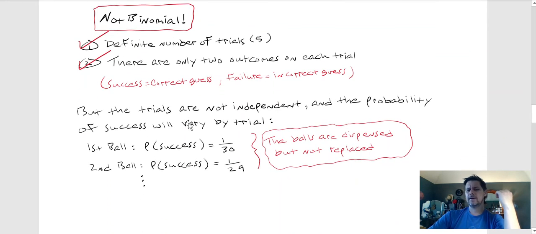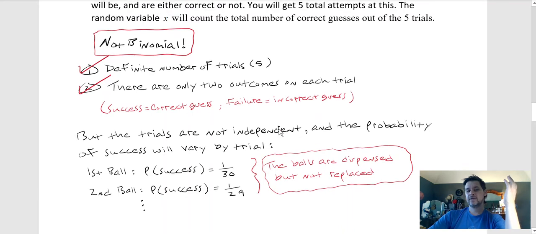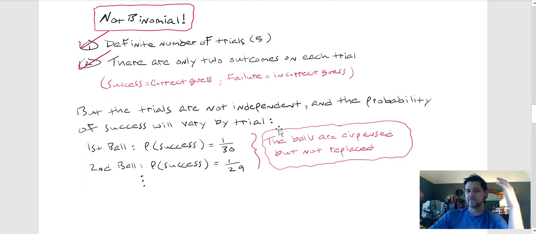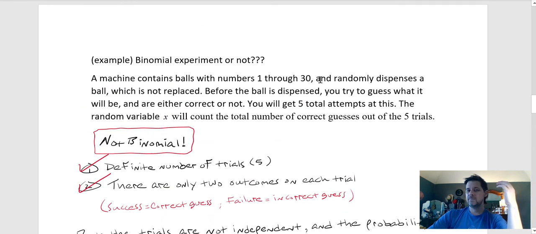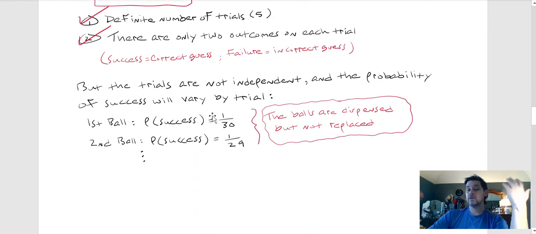Here's where it fails to be binomial. The trials, the individual guesses, are not independent of each other. As a result, the probability of success will vary by trial. Let me show you how. Say you're playing this game. First ball's about to come out, and you place your guess. There are 30 balls in there, so you have a 1 in 30 chance of being right.